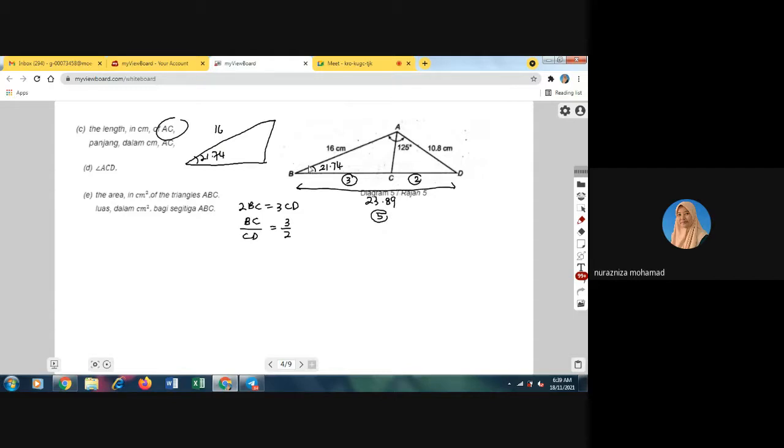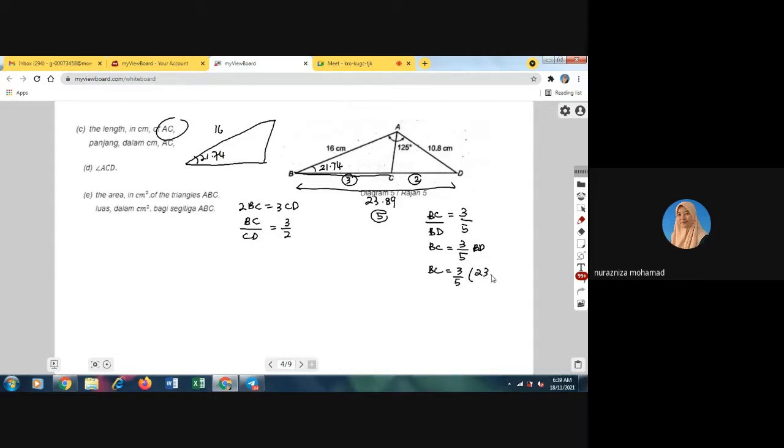So if I want to find the length of BC, BC consists of 3 parts. We have the length of BD, so we choose the ratio to BD. BD is 5 parts, so 3 over 5. Therefore, BC is equal to 3 over 5 multiplied by BD.